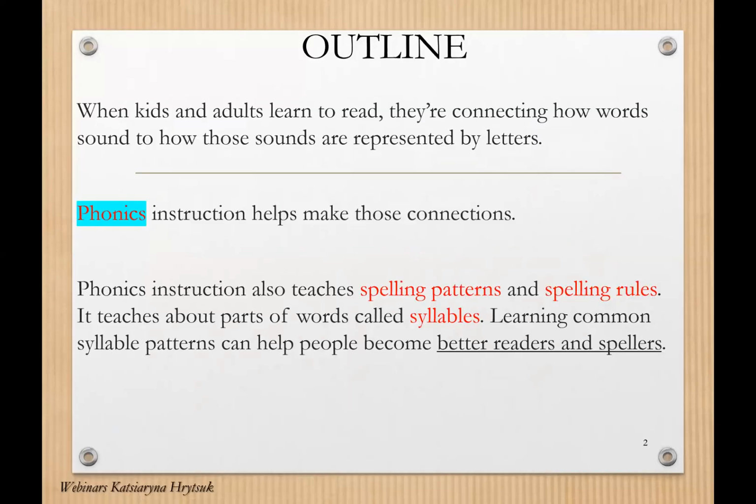Okay, so what are we going to focus on today? We are going to understand these phonics instructions. When kids and adults learn to read, they are connecting how words sound to how those sounds are represented by letters, because with one letter you know how it sounds, but with another letter the sound can be different.